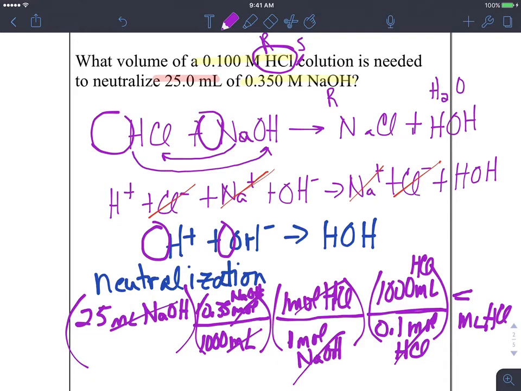Now I apologize, my stylus doesn't seem to be working really well. All right, so hopefully you'll notice right off the bat that the 1,000 milliliters, the one on top and the one on the bottom, actually cancel out pretty readily. So we're going to take 25 times 0.35 and divide it by 0.1. And you'll find that it takes 87.5 milliliters of HCl to neutralize 25 milliliters of that 0.35 molar NaOH.